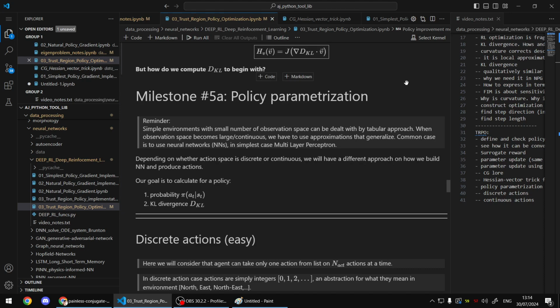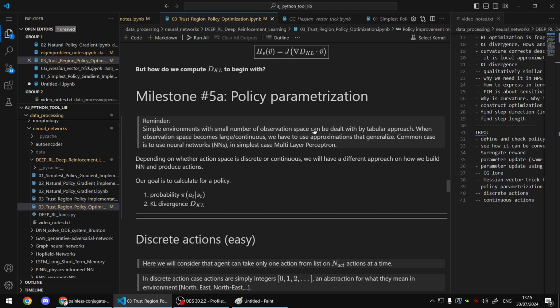And now comes the point where we have to face the fact that we have to actually calculate the KL divergence. In the natural policy gradient, we used the Fisher matrix, and we didn't need to calculate it explicitly.